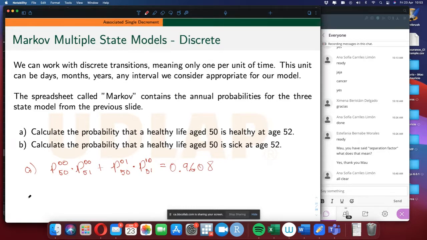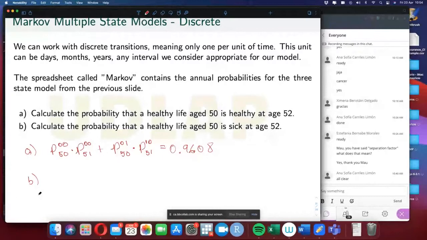And for B, now we want the probability of somebody who's healthy at age 50 being sick at age 52. Again, we have to see this as these transitions. Somebody who's healthy has to be sick. So this person can get sick at age 50, and then this person has to remain in this state, or this person can be healthy and then have the transition, sorry, this is at age 51.